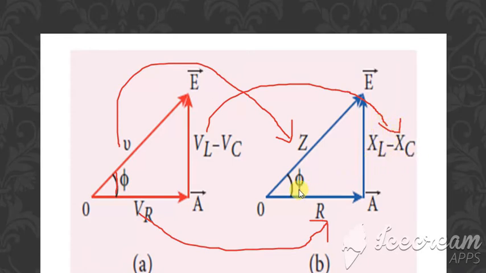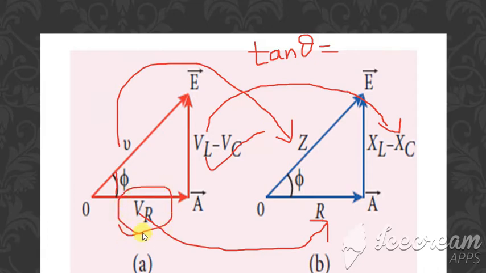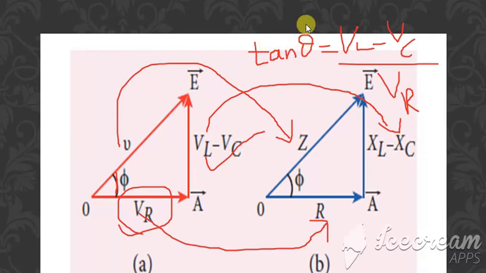From this, to find the value of tan theta, the formula is opposite divided by adjacent. What is the opposite side here? VL minus VC, divided by the adjacent side, VR. Instead of theta we write phi, because the angle here is phi.